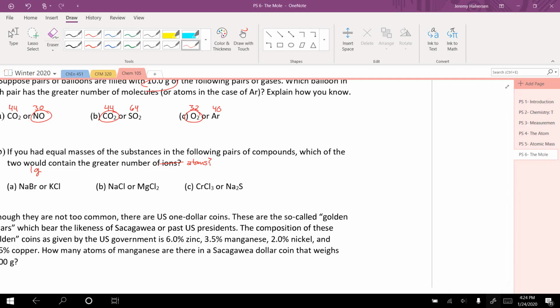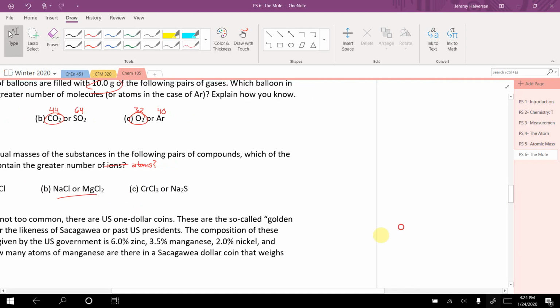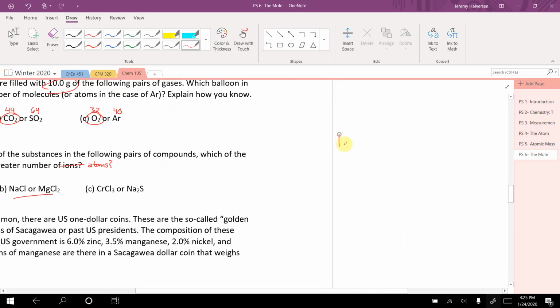And I'm going to write out this guy. So let's assume that we had 1 gram of NaCl and 1 gram of MgCl2. And I want to get number of atoms. Well, I know that 1 mole of NaCl from the periodic table, if I add it up, is 58 grams.